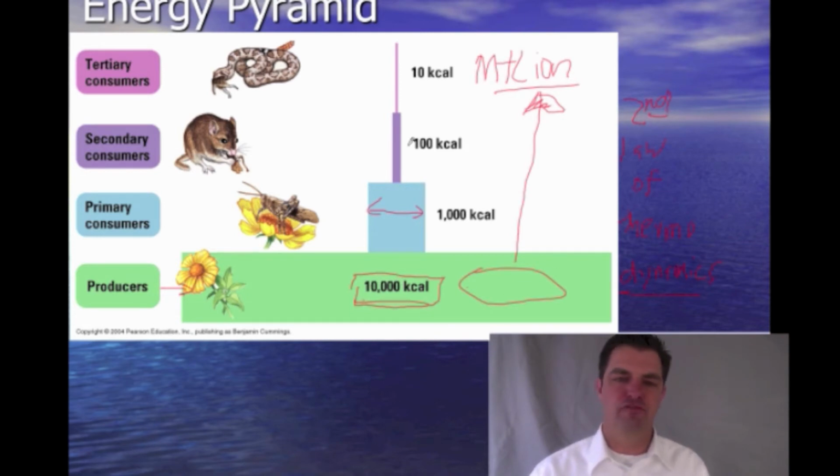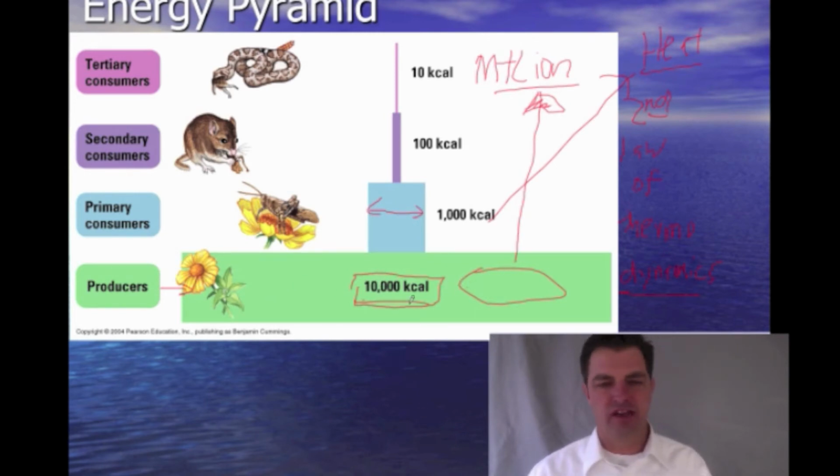Essentially, as you move up the food chain, as one organism eats another, it doesn't get all the calories that are available in it because you're always losing some of the energy as heat. Nothing, no system, no transfer of energy is ever 100% complete.